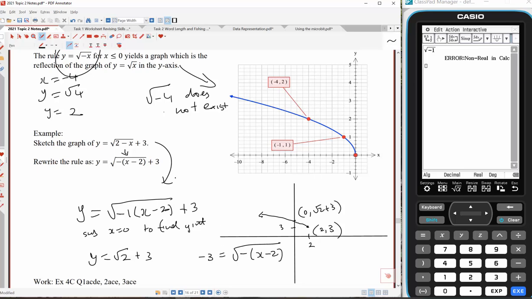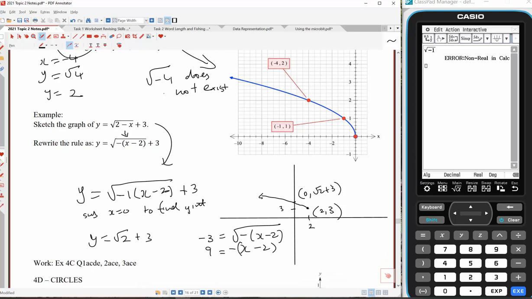All I've done there is subtract 3 from both sides. Now I'm going to square both sides, and I get 9 equals negative x take 2. So now I'm going to divide both sides by -1. -9 equals x take 2, x equals -7. So it suggests that this does have an x-intercept, and it occurs down here, at -7.